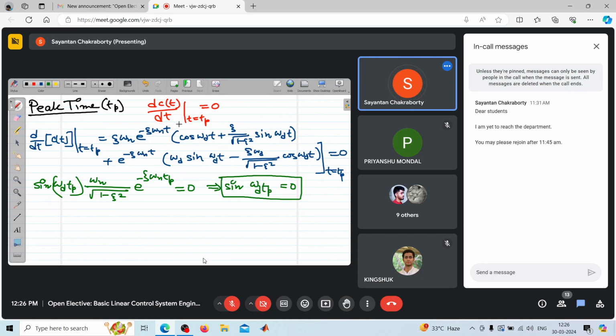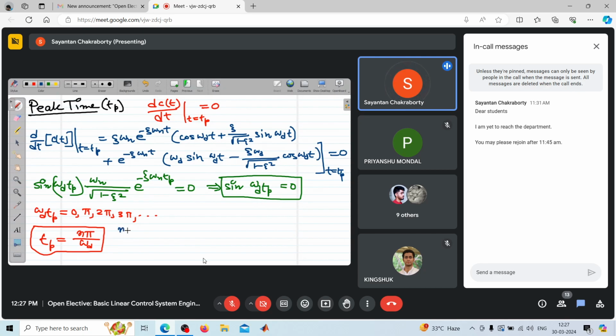So this obviously indicates that this is true for omega d Tp equal to 0, pi, 2 pi, 3 pi, and so on. So you can write down Tp as n pi by omega d, but different values of n will correspond to different overshoot.